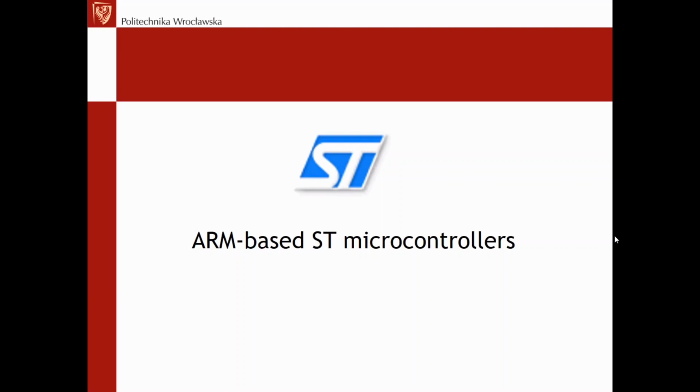So the CMSIS libraries are excellent for making the code reusable, and for making the time to market of your project shorter, but they are not replacing the need to know how the processor is working, the need to know how the peripherals are constructed, and to know at least the major registers in the peripherals and the major configuration and operation of the particular peripheral.